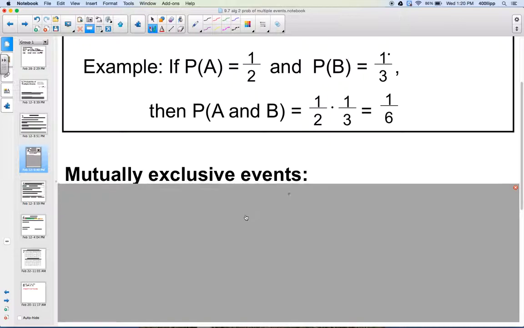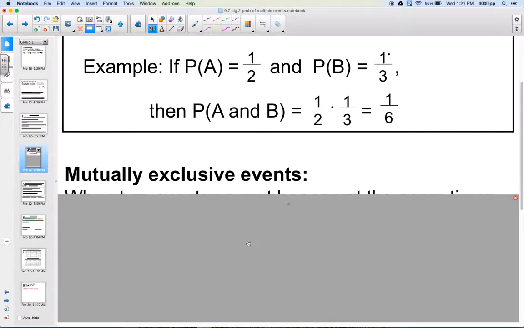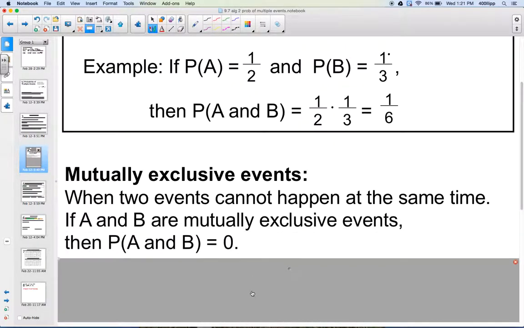Okay, we're now going to talk about mutually exclusive events. So don't get confused with these terms here. We have mutually exclusive events. We should have this written down here. Mutually exclusive events is just when two events cannot happen at the same time. So if it cannot happen at the same time, that means they are mutually exclusive events.